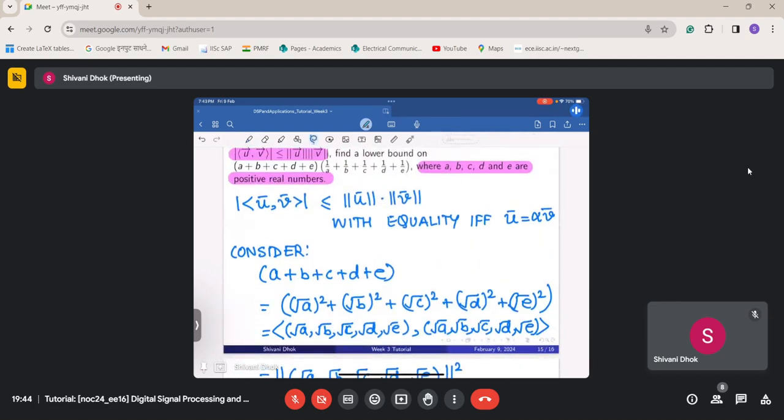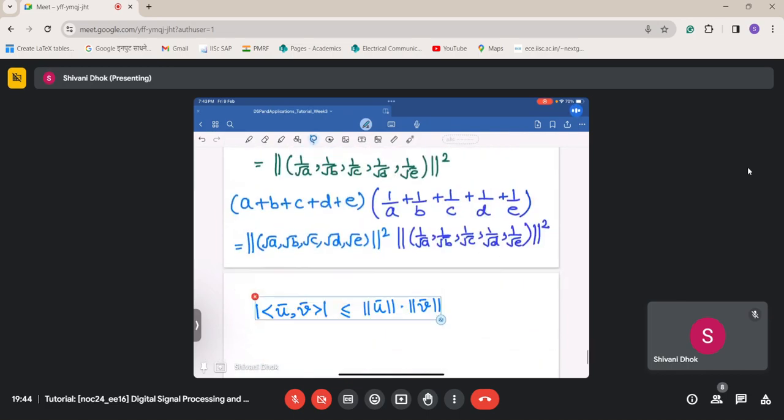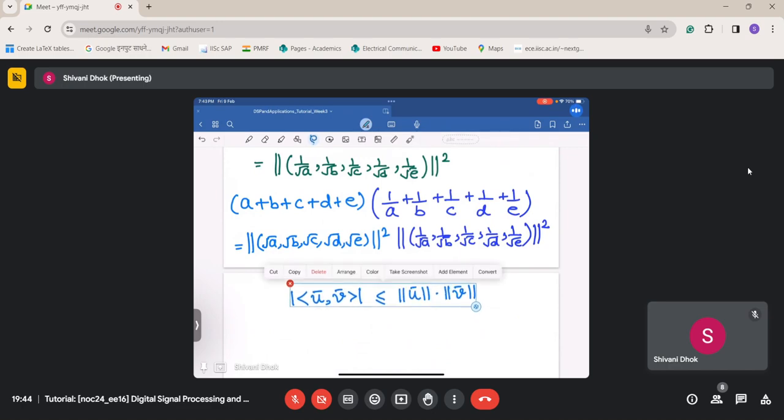So this is our Cauchy-Schwarz inequality. Let me just copy it here.